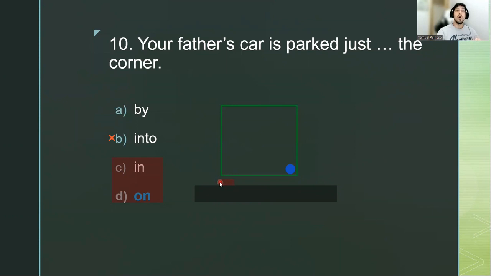So it's on the corner. That's the difference. In and on the corner are both correct, but in the corner would be like this, interior. And on the corner would be here, on the corner. Okay? Is it clear?